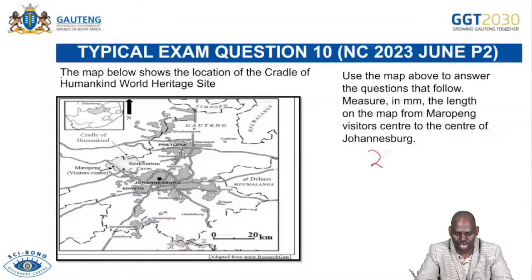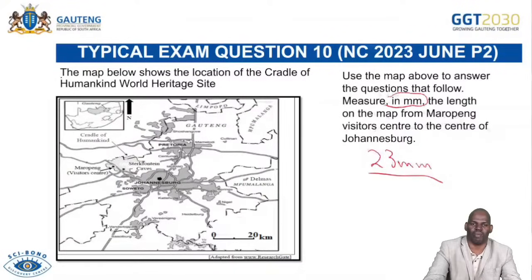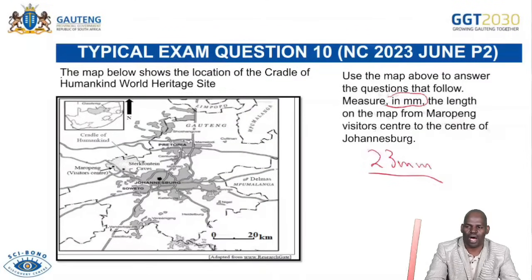What is important here is to look at the measurement. Just make sure that the edges of your ruler are in millimeters and centimeters. So this is 23 millimeters.